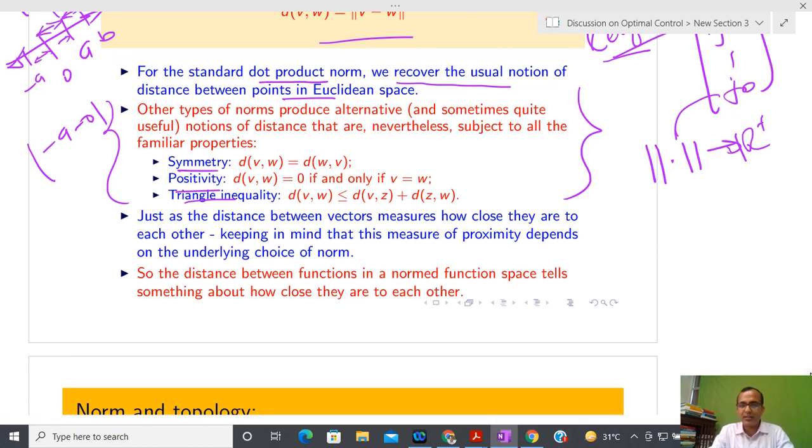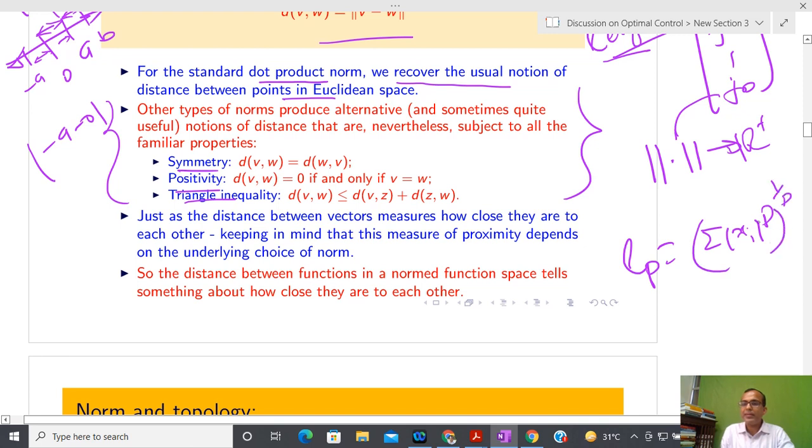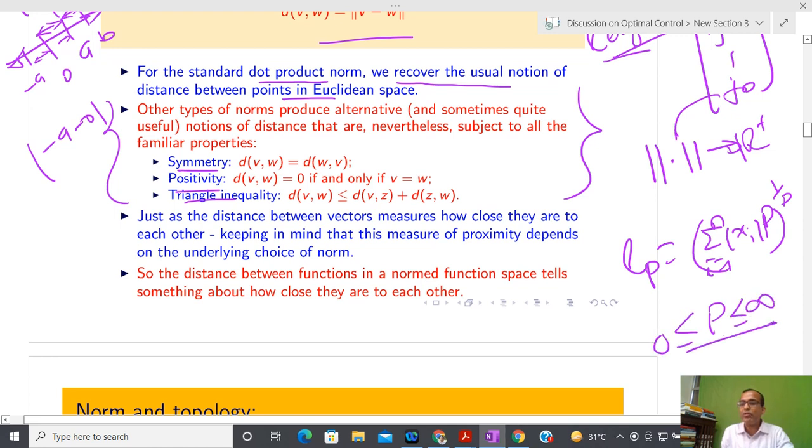We have just seen that whenever I have a finite dimensional space, I can define the norm Lp like this: the sum of |xi| power p, whole power 1 by p, i equal to 1 to n. You can see that now I can substitute p with any value from 0 to infinity. So in infinitely many ways I can define distance or length, and that will satisfy this kind of notion.